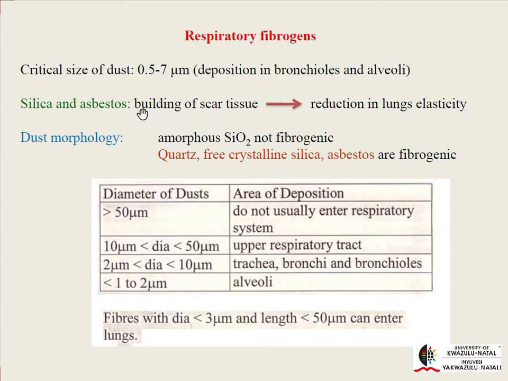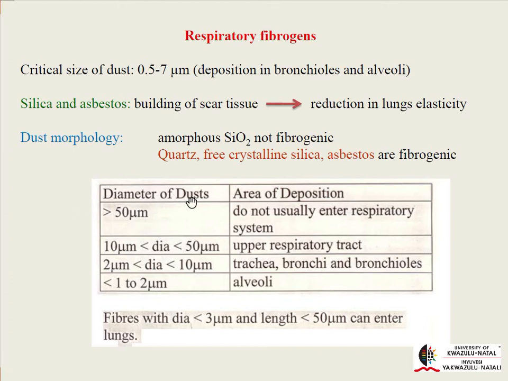Remember, it gets into your lungs, cuts your alveoli and causes scar tissue, so you have a reduction in your lung elasticity and you end up with breathing problems. And thereafter, like dust morphology, silicon dioxide, free crystalline silica, they're also fibrogenic. They're fibers.